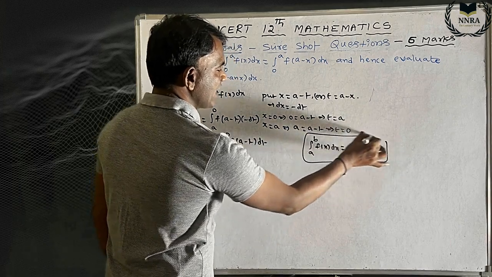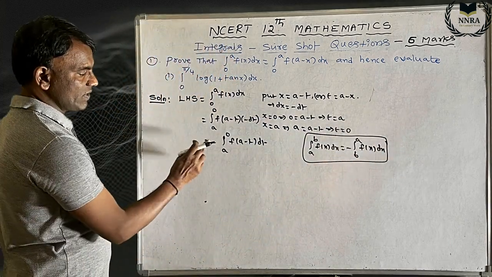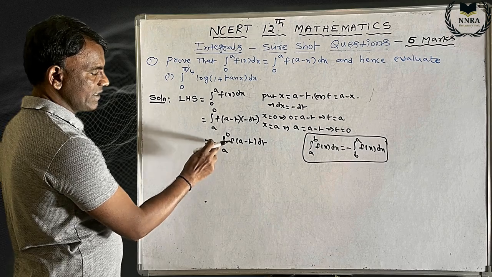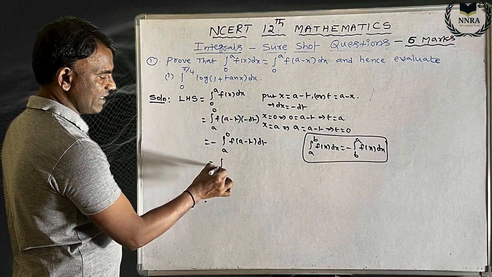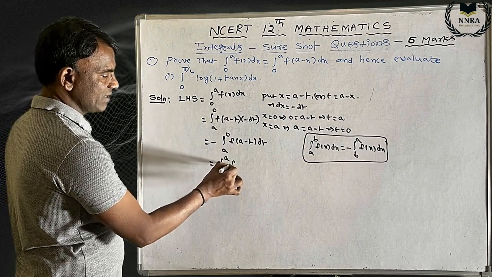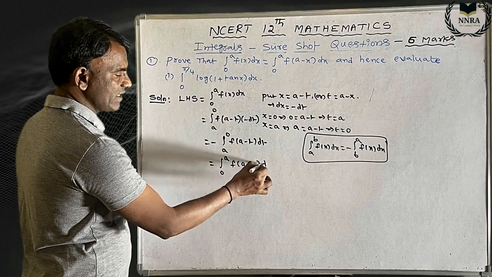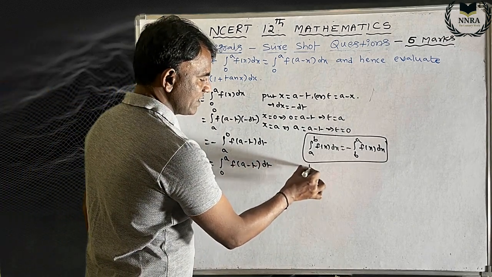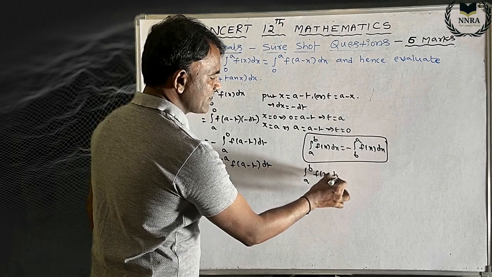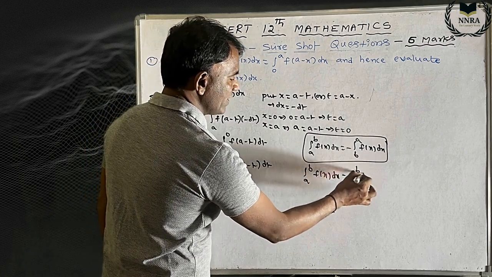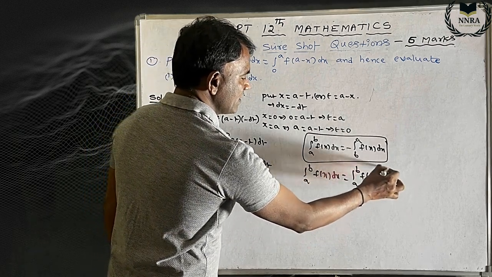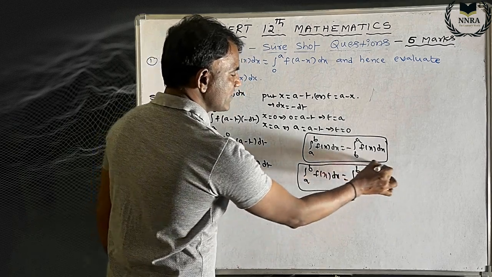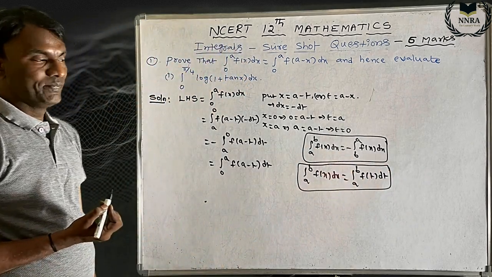So this is one standard property. So now this is the form of minus integral b to a, that can be written as integral a to b f of a minus t into dt. And one more formula, integral a to b f of x dx equal to integral a to b f of t dt. This is also one more standard property.